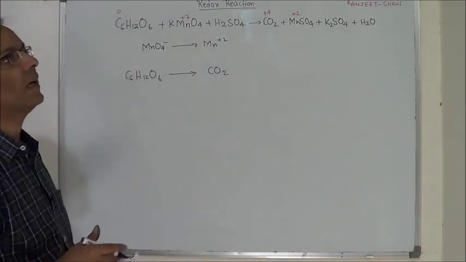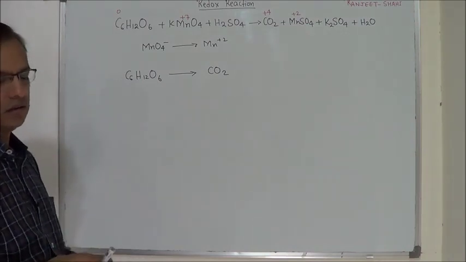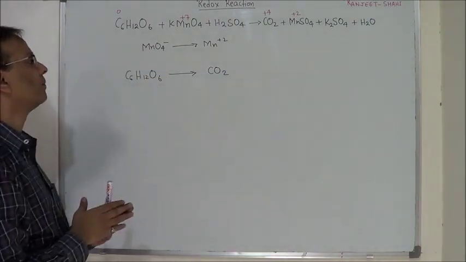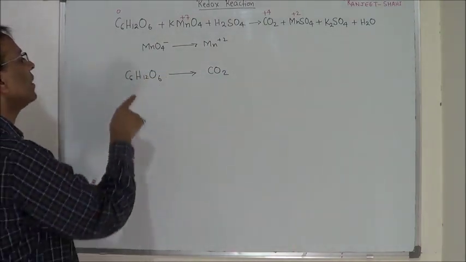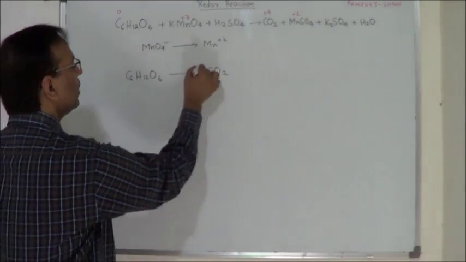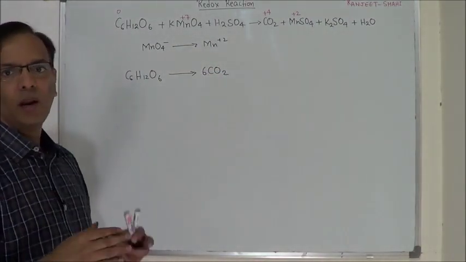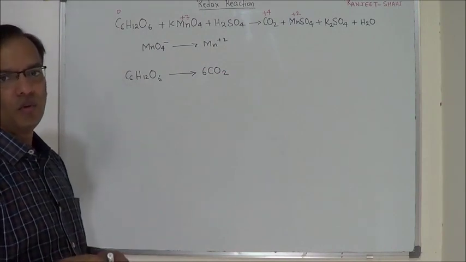Balance the elements other than hydrogen and oxygen. Manganese is already balanced, 1 and 1. Carbon, we have 6 carbon here, so we need to write 6 CO2. So elements are balanced now in these two reactions.